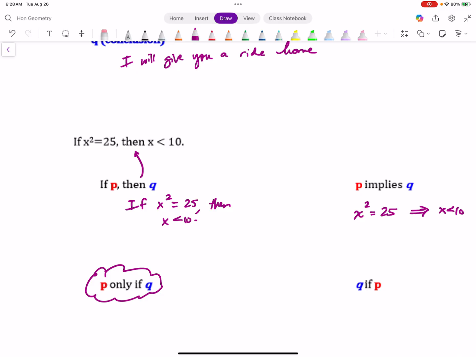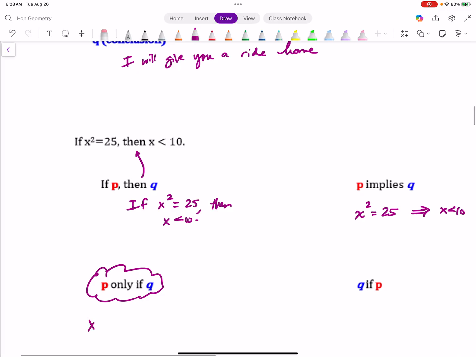So I guess I'll put that: x squared is 25 only if x is less than 10. But again, I'm going to avoid that one because I think it's confusing when people read it.